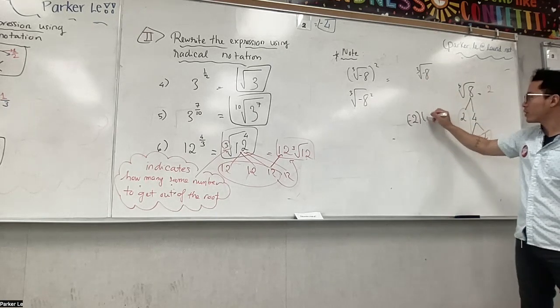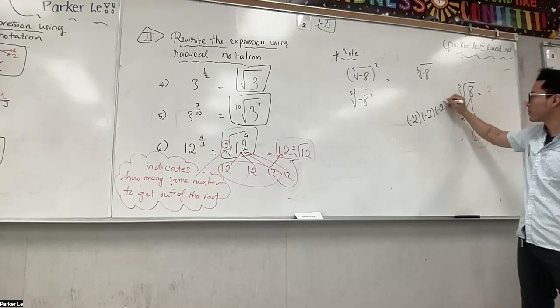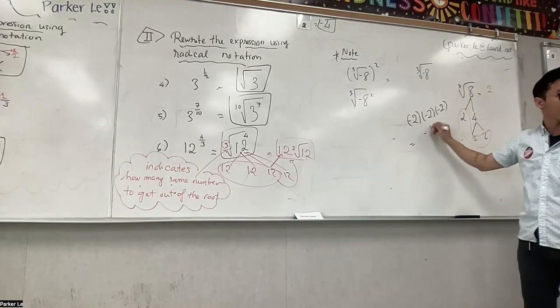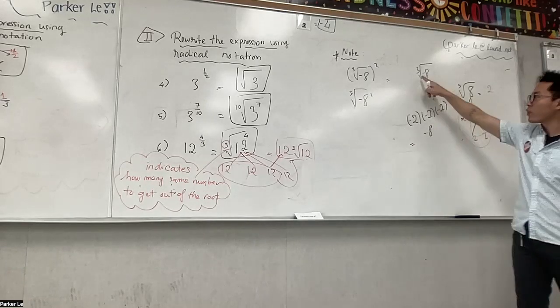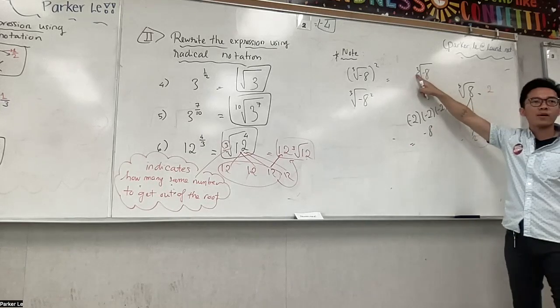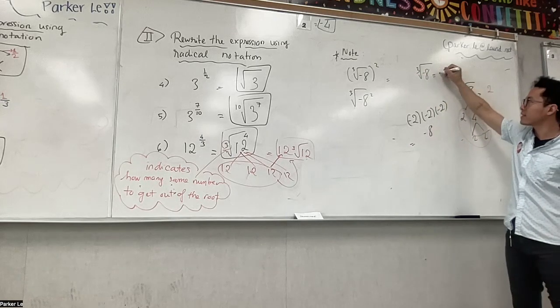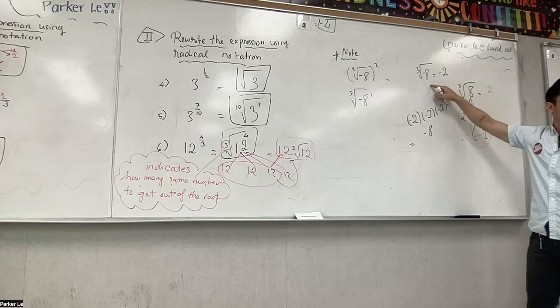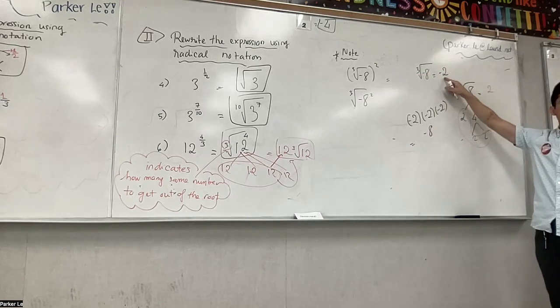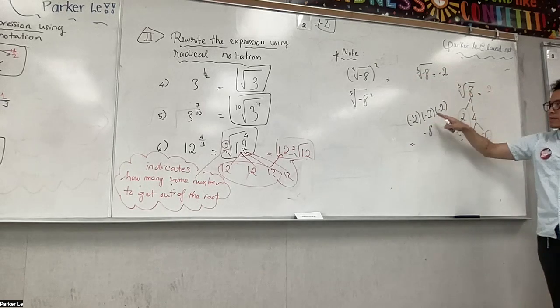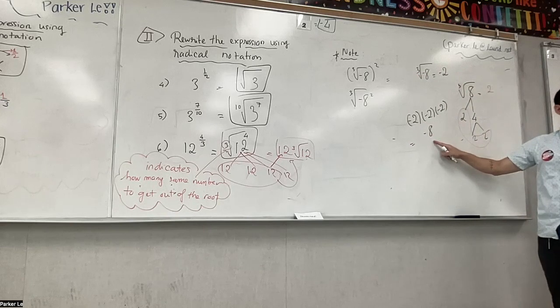What is -2 times -2 times -2? -8. Yeah. So when the power is odd, you still have the negative. What I mean is, the cube root of -8 is -2, because -2 times -2 times -2 is -8.